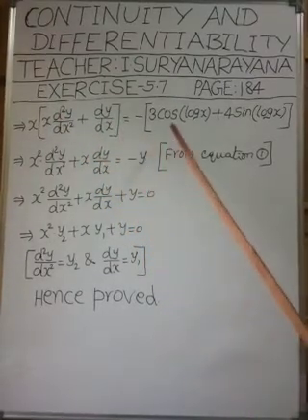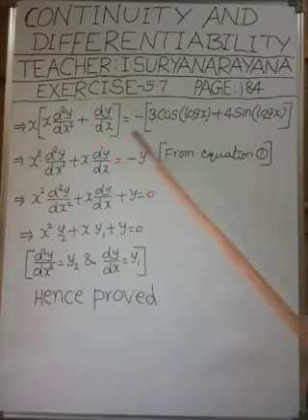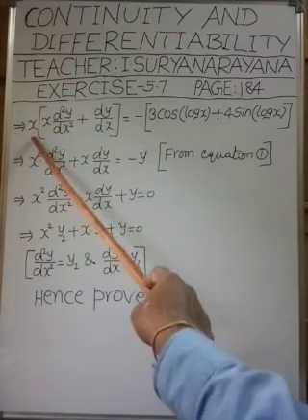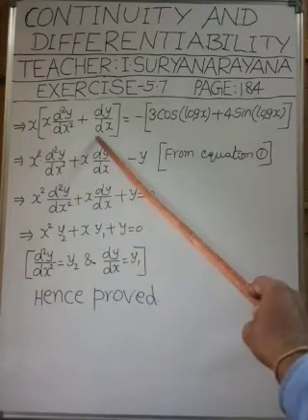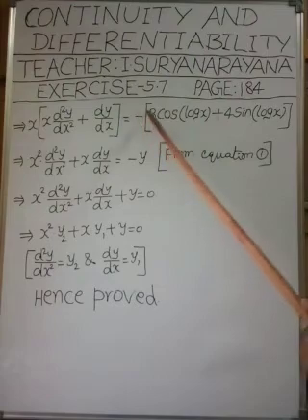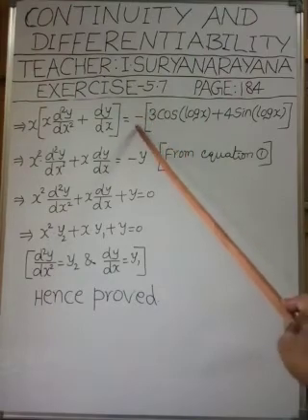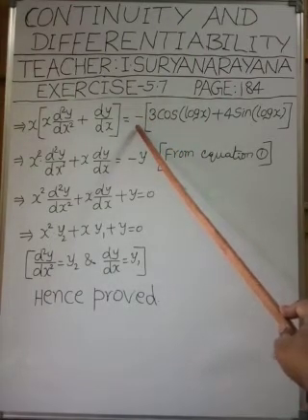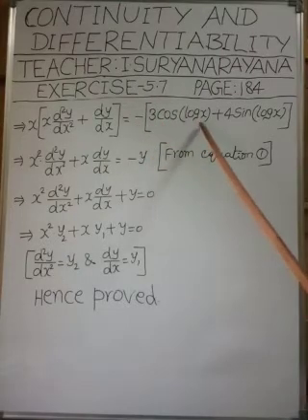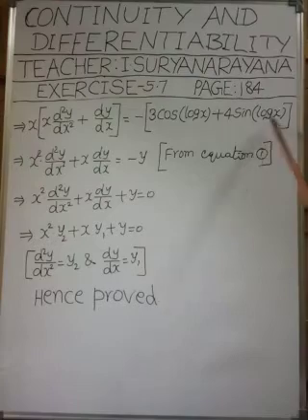We have taken cross multiplication, so we have brought x to this LHS. Understood this LHS part, my children? Right, is equal to, what will be left in the RHS? Minus of, I have taken minus common factor from the two terms, then we get this RHS. Minus of 3 cos of log x plus 4 sin of log x. Understood this RHS part, my children?